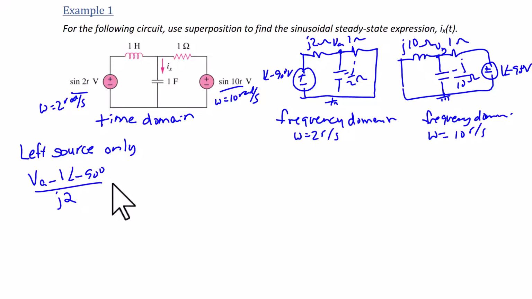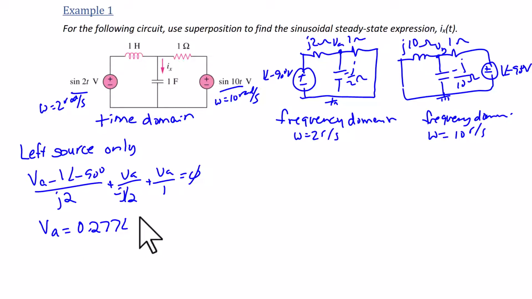For the left circuit, we'll have a KCL equation: VA minus 1 angle negative 90 degrees over j2, plus VA over negative j over 2, plus VA over 1 equals 0.